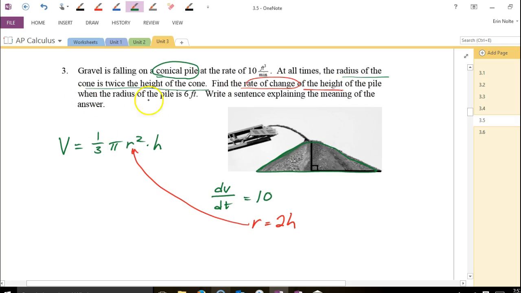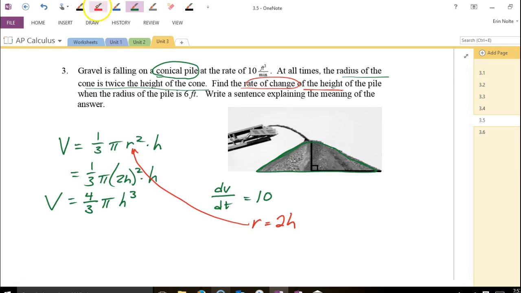So if I plug that in, I have (2h) squared times h. If I simplify this, on the inside I have 2 squared, which is 4. I'm going to pull the 4 out and put it with the 1/3, so that would be 4/3 pi. And then I have h squared times another h, so it makes a total of h cubed. Okay, so now this is my new formula in terms of h.